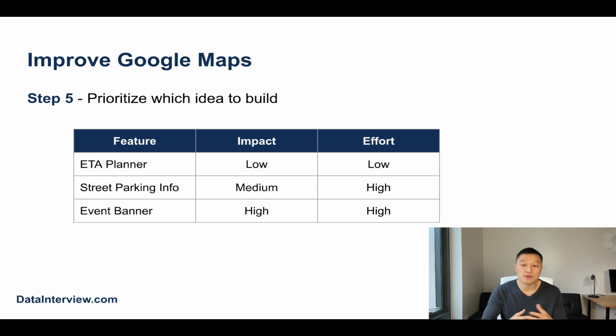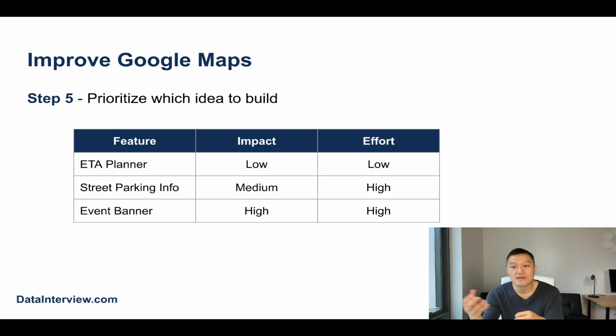So if I were to approach this, in terms of looking at the impact, this is how I'll rank it. I think the ETA planning is low, street parking information is medium, and event planning is high. And the reason why I ranked it this way is because even though there are types of users who may want to do some ETA planning, I just don't believe that there would be a high enough volume.